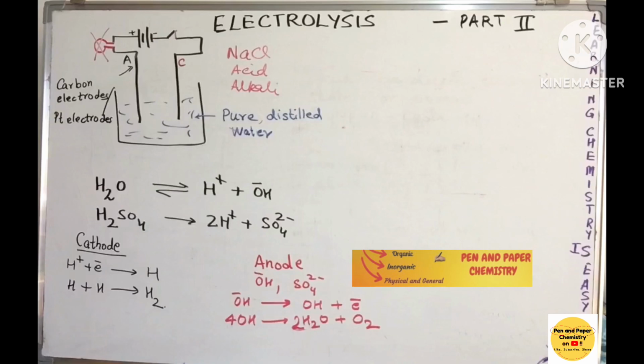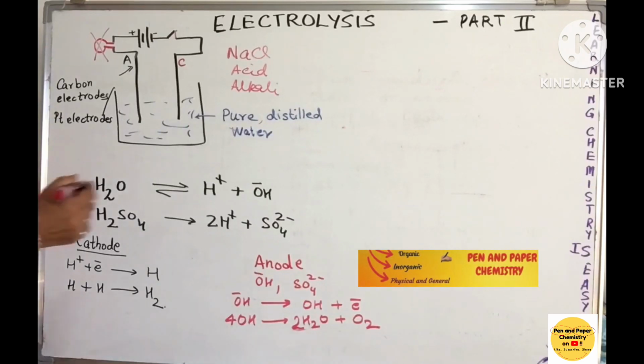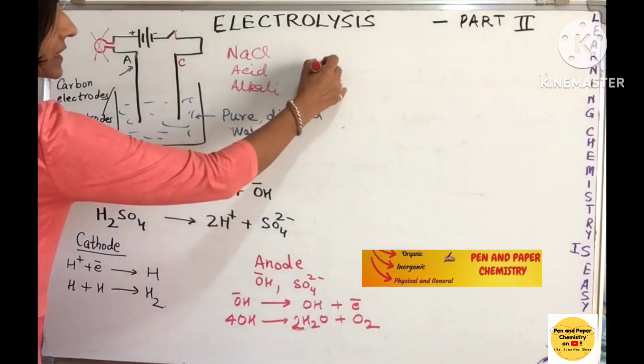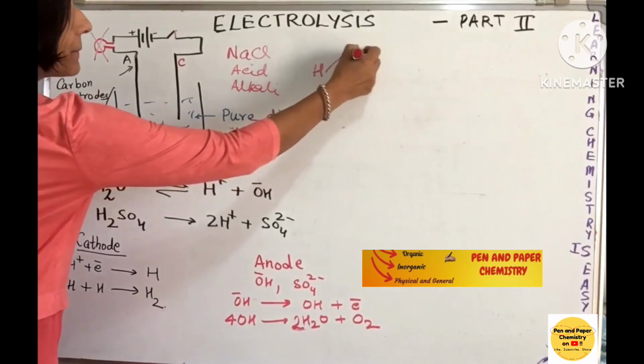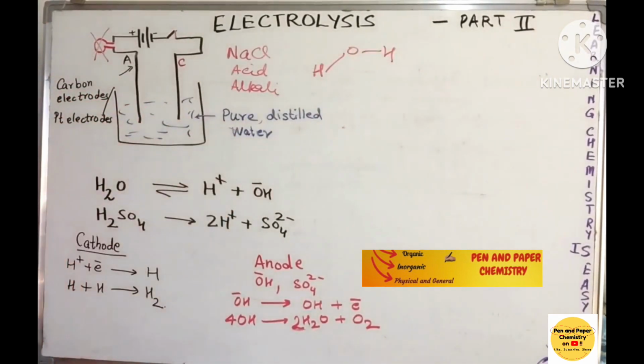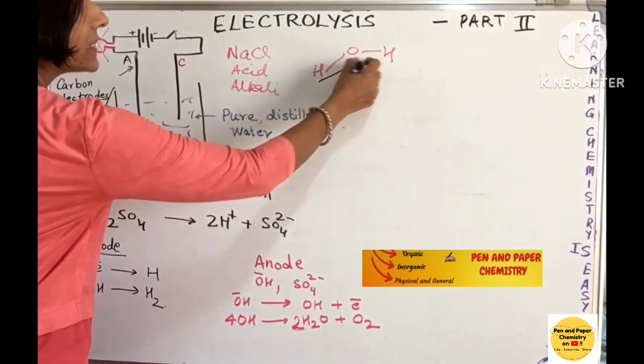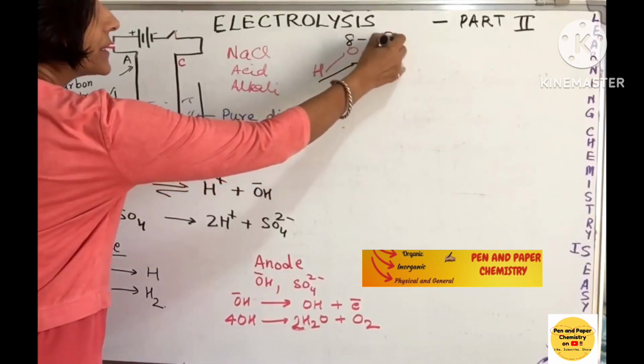Any of these substances will help to convert water, which is otherwise a covalent compound, into an ionic compound. And that also is possible because water has a polar covalent nature.